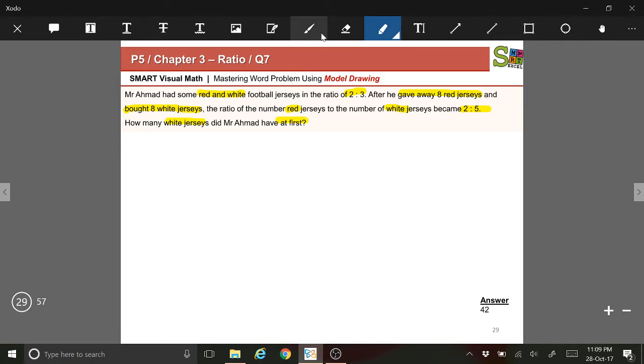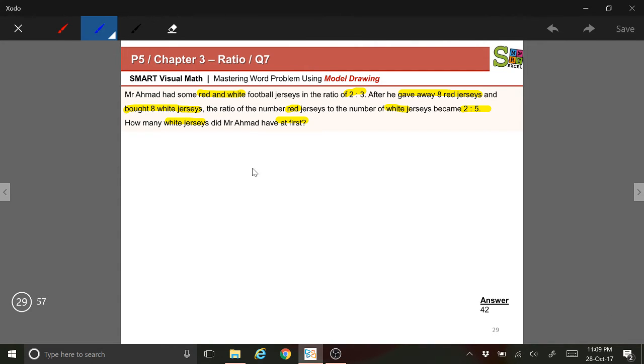We're gonna list down the ratio information that they give in the question. Alright, at first the red is to the white jersey, the ratio is 2:3. Then for this red jersey, they give away 8 red jerseys, so we just make an indication minus 8.